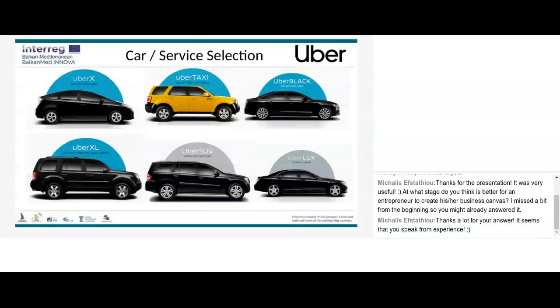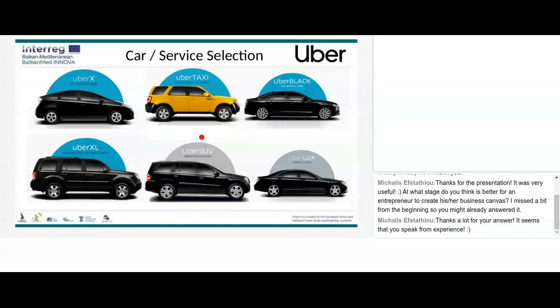Now, next, let's see which services Uber provides. They have UberX, which are the low-cost Uber cars, such as Toyota Prius, etc. We have Uber Taxi, which is a professional taxi driver registered on the Uber platform, and they are able to run through Uber as any other driver does.